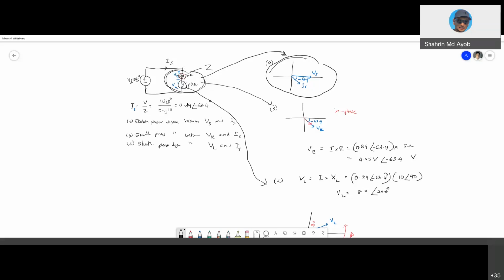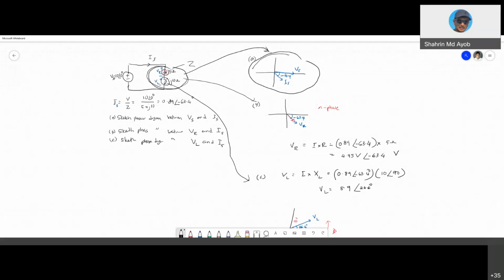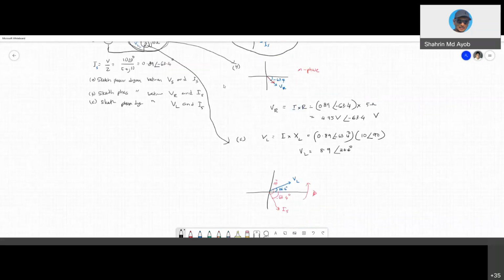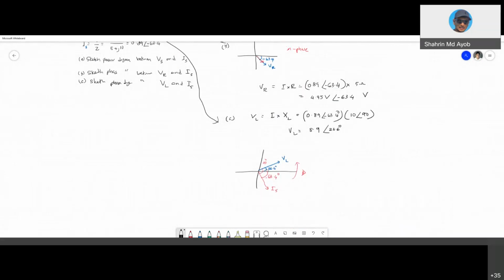When you say a particular element R, the voltage and the current should be in the same phase, which has been shown here. And when you are required to sketch the voltage and current inside the inductor, the current must be lagging the voltage by 90 degrees.